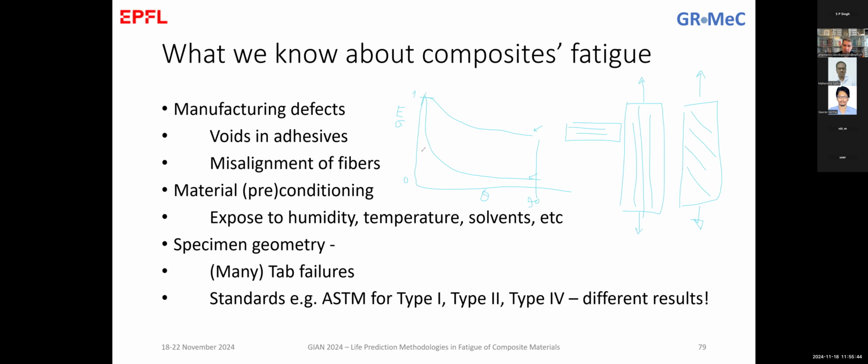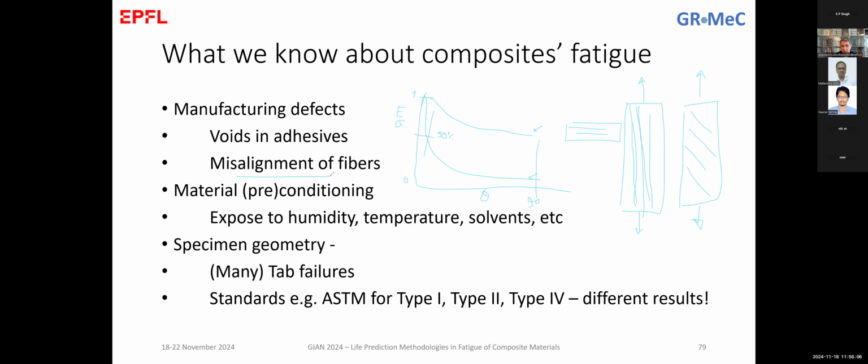So imagine a highly anisotropic material with a misalignment of fibers. During fabrication, you might align the fibers at 5 degrees instead of 0. This slight misalignment can lead to more than 50% loss of stiffness.